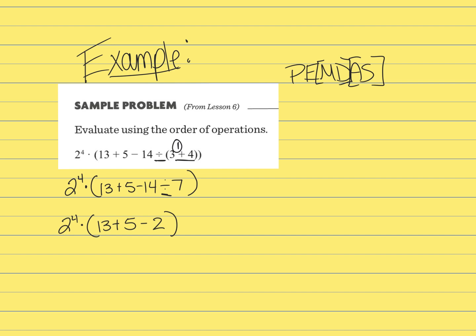Also, with this, there is no need to have the dot there, because if we write it with just the base and the exponent outside of the parentheses and right next to it is the parentheses, that lets us know that that is multiplication.